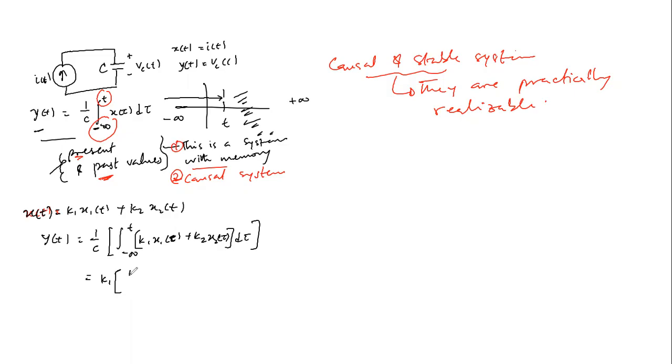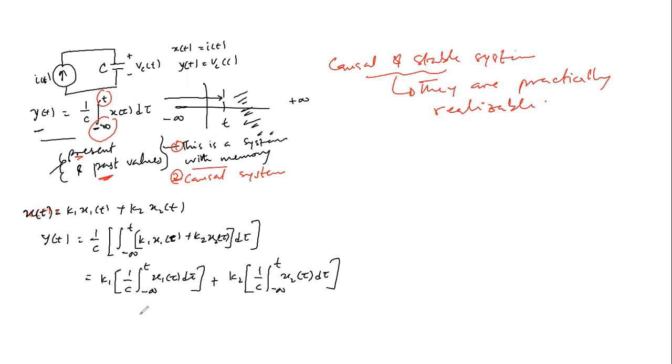K1, 1 over c. So I also have something similar to this. S1 tau d tau plus K2 over c integral from negative infinity to t S2 tau d tau.